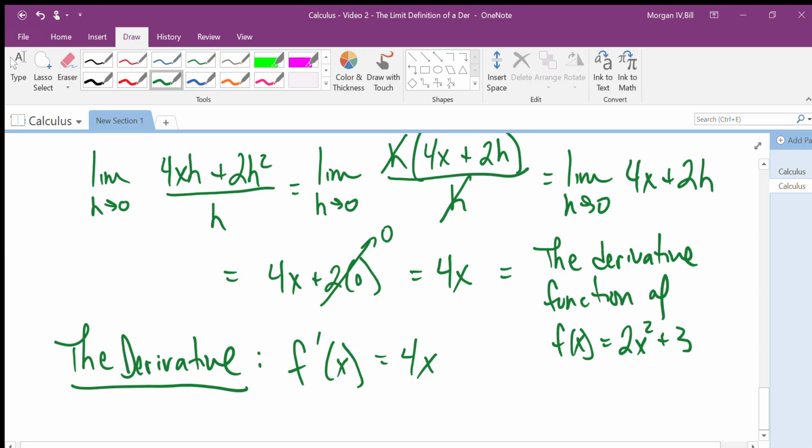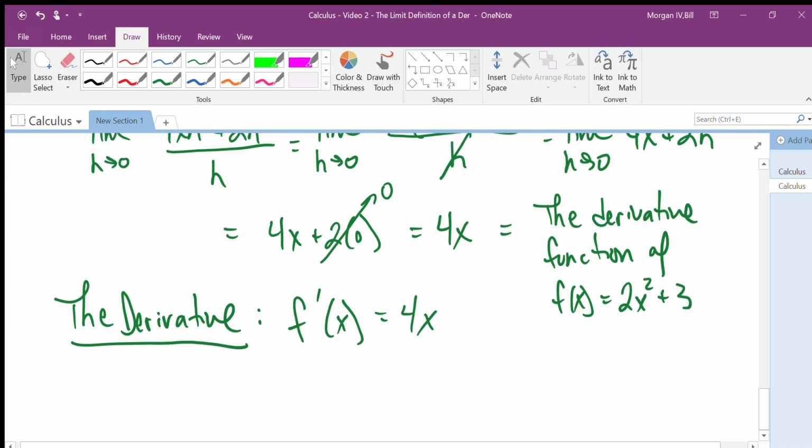And you might be asking yourself, well, I thought we were finding the slope of the tangent line. And we are. Here's the great thing about the derivative function. It tells you the slope of the tangent line at any point x on the curve.